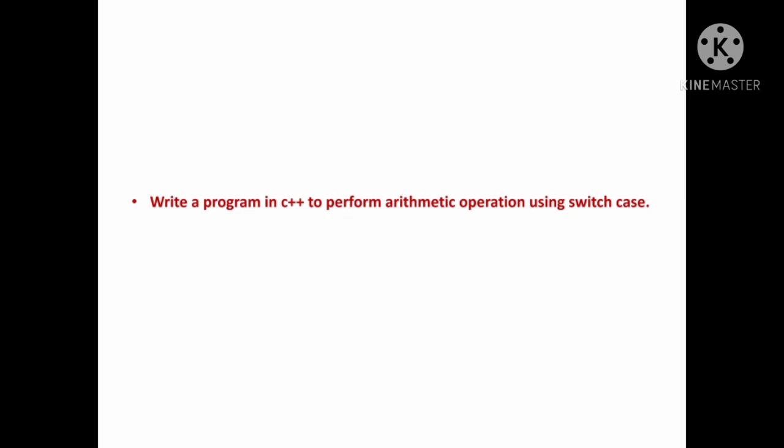Each value is called a case, and the variable being switched on is checked for each case. The switch statement is a multi-way branch statement. Switch case statement is used when we have multiple conditions and we need to perform different actions based on the condition.